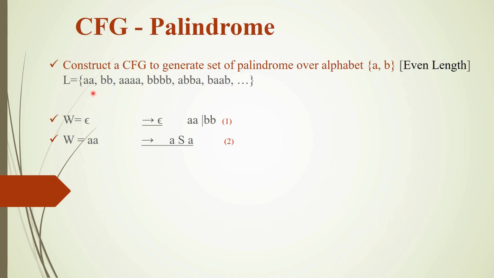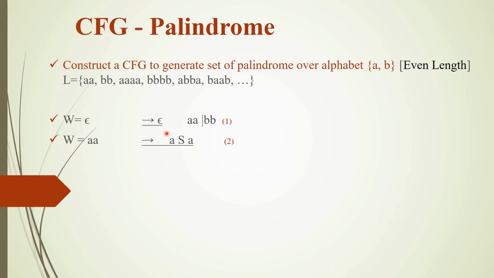Now for aa, what do I write? S to aSa, where S is the starting symbol. If I replace this S with epsilon, it generates the string aa. Now let's discuss another one, which is bb. You can directly write this also, but we can use epsilon because it is memory efficient for us.